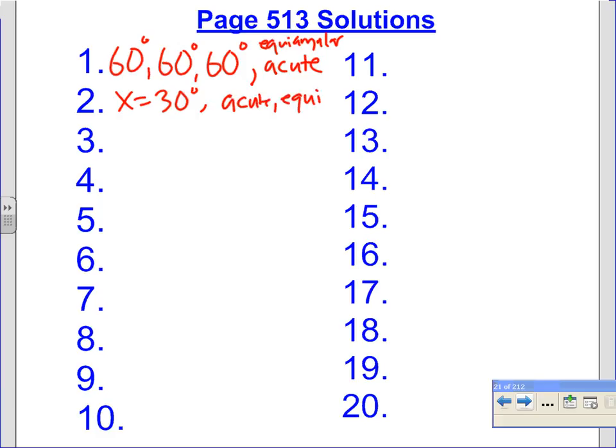I'm just abbreviating here. Number 3, Skylar. Good. X equals 20. And what kind of triangle was it? Yep, that could work. And for some unknown reason, the book doesn't have that. Isosceles. Did anyone have anything else for 3? But she's right because she remembered base angles are congruent.